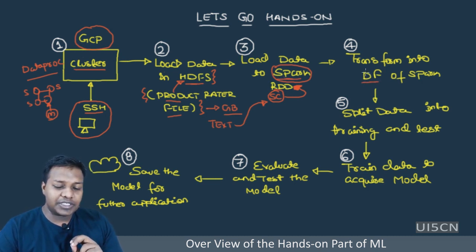A data frame, as we discussed in the previous section, is a special type of RDD, resilient distributed data set, also denoted by DF. To give you an example, if we run the computation with the RDD on a single core Spark, it takes 5 days to come up with a machine learning model.